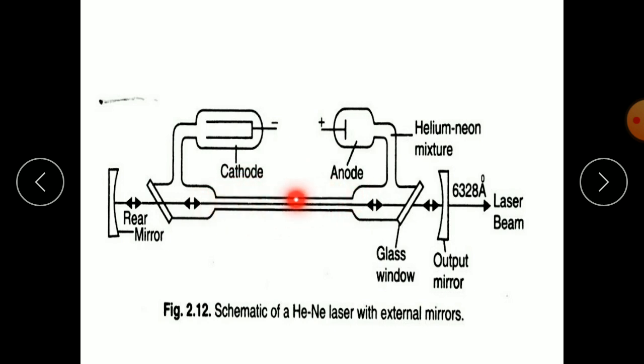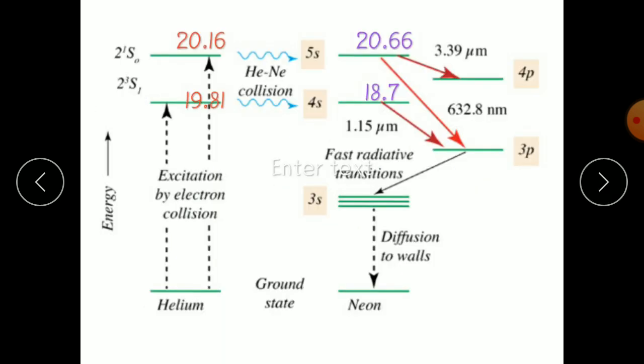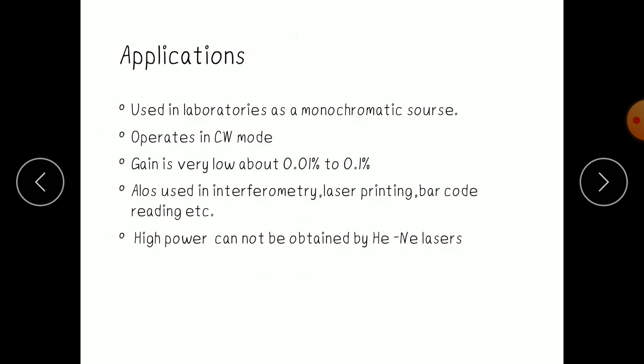To avoid radiative transitions, this arrangement is made. So the atoms in the 3s level collide with the wall, lose their energy by transferring it to the wall, and come to the ground state. In this way the excited neon atoms lose their energy and come to the ground state.